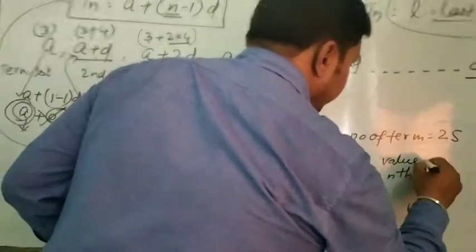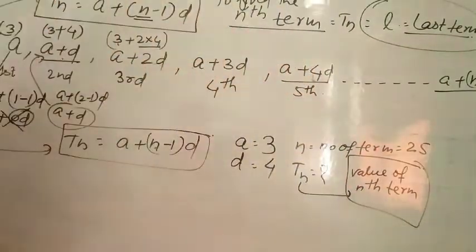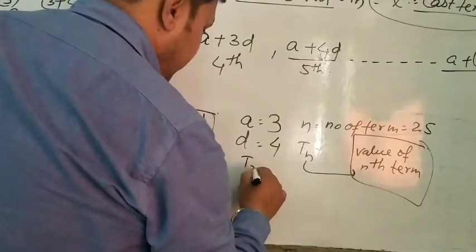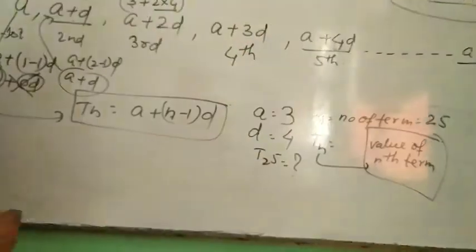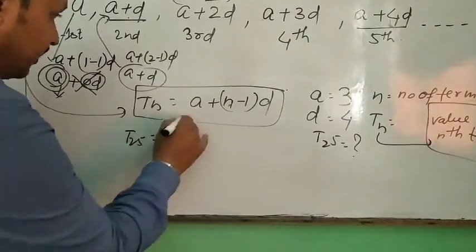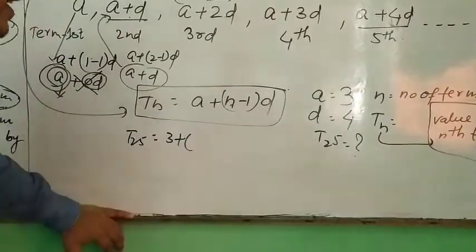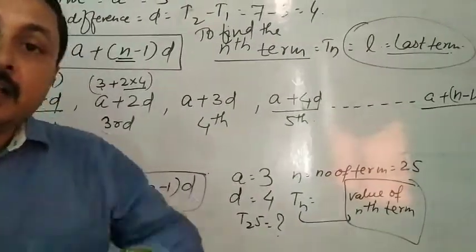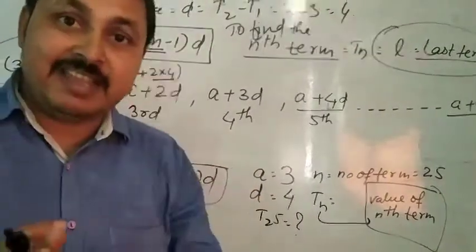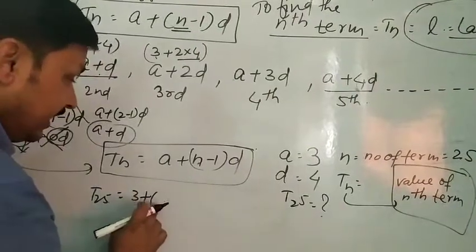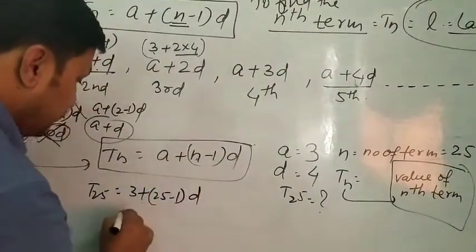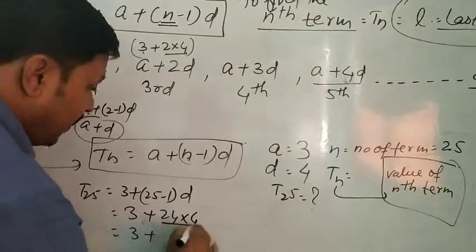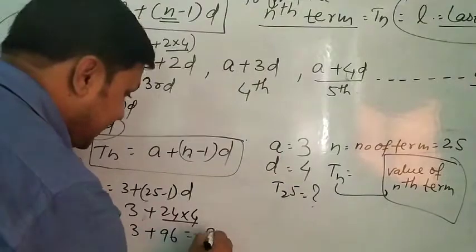Here T25 equals A, that means 3 plus, since the number of terms is 25, we write 25 minus 1, that means 24, into D. So 3 plus 24 into 4, 24 fours are 96, plus 3 is 99.